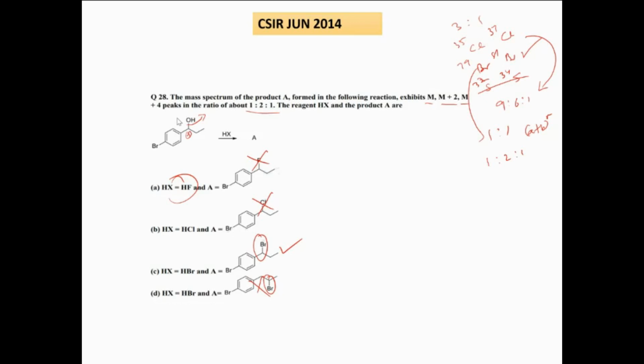Ma'am, SN1 mechanism. So first, what happens? HX, for example HBr. Protonation of OH takes place. Then you have the slow step; protonation is a fast step, then you have the removal of the water and formation of carbocation.